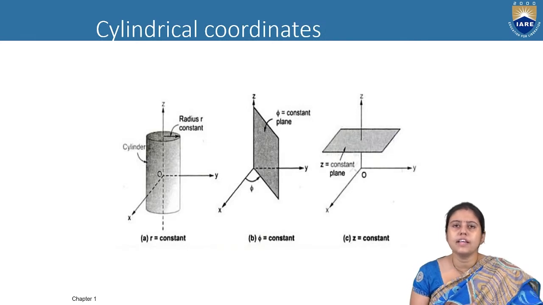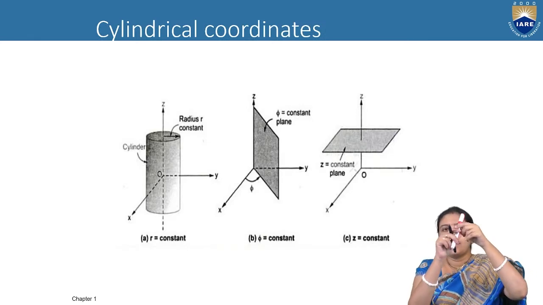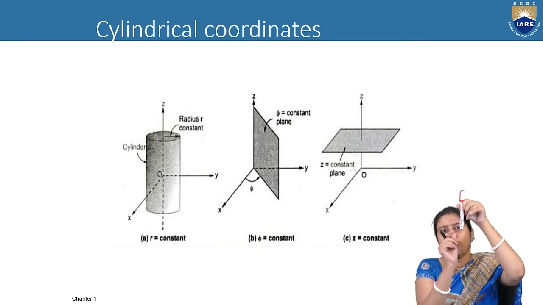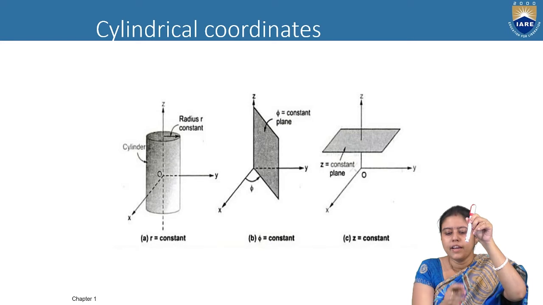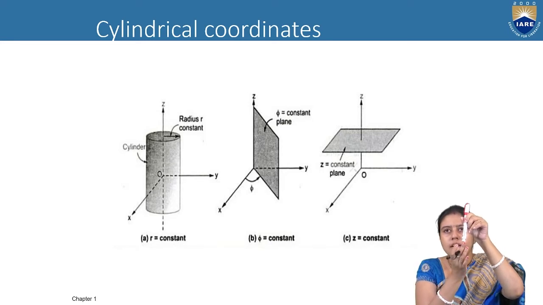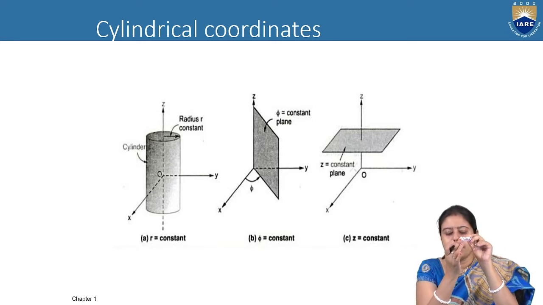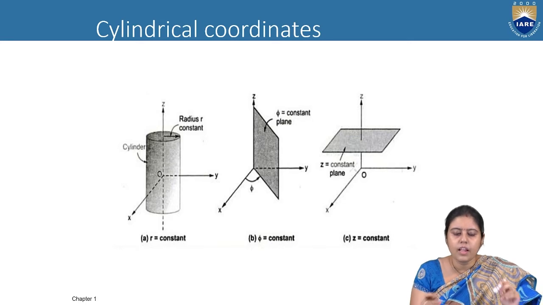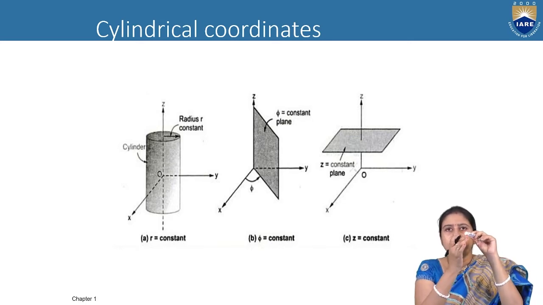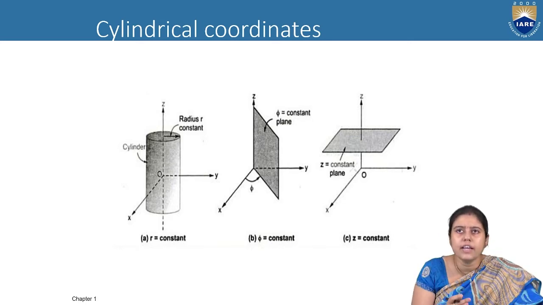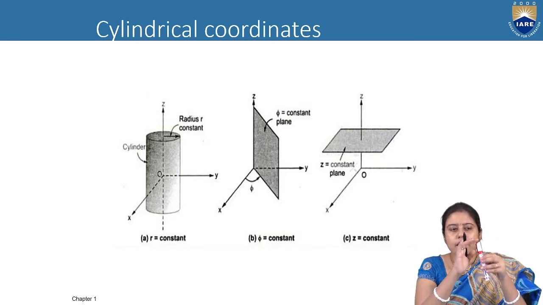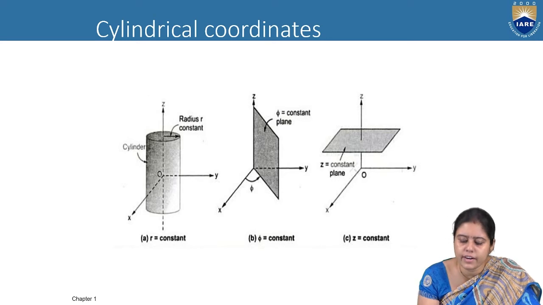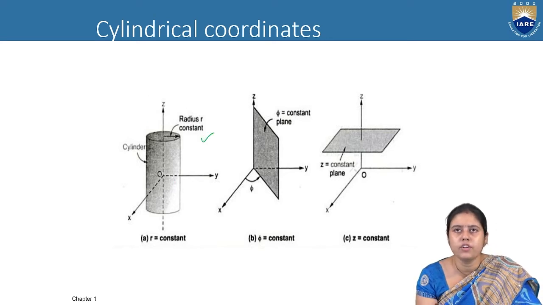So when we are thinking about the planes, this is the cylinder. How many planes? This is one plane, a circle. When we think about the circle, phi is actually constant, so we get one plane. First, the radius r is constant. We are changing from big to small.